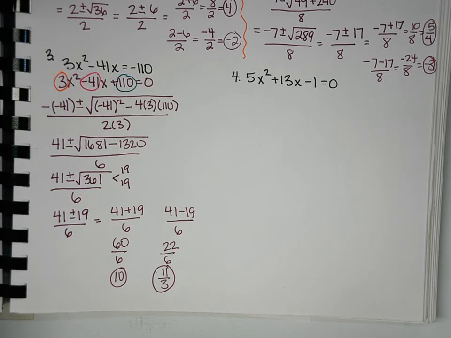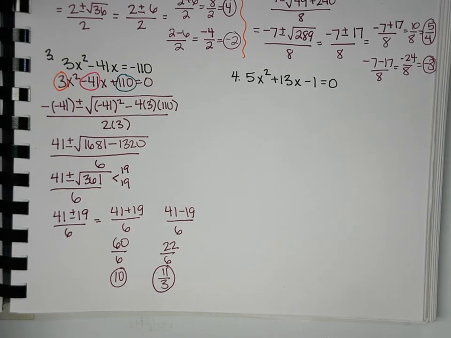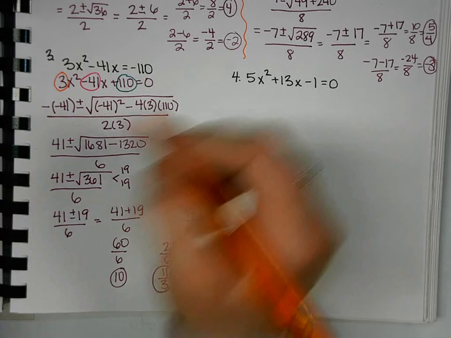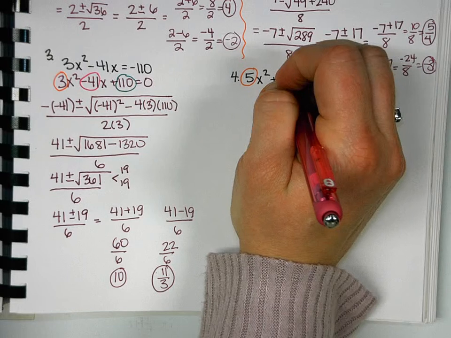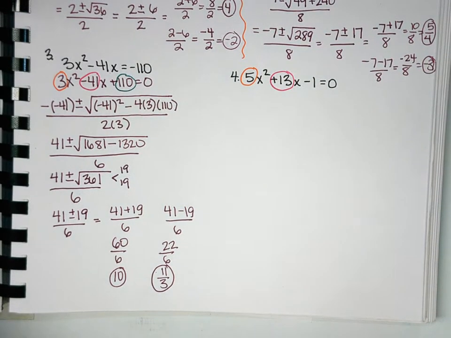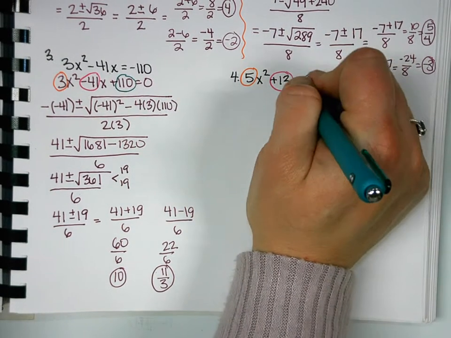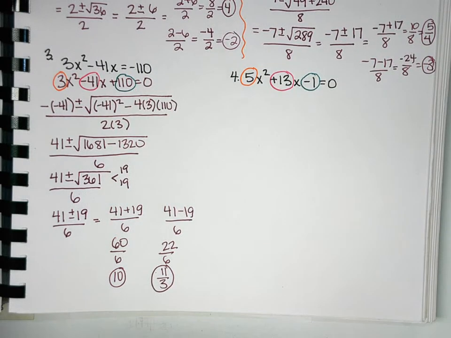All right, last one. What's A? 5. What's B? What's C? All right.